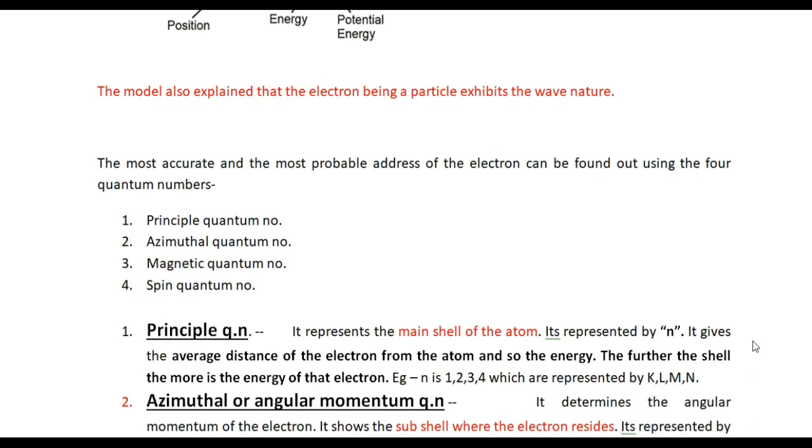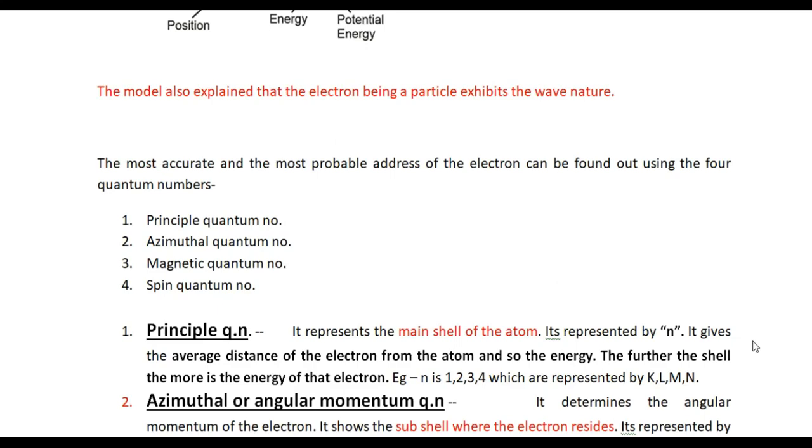The first quantum number is the principal quantum number. The principal quantum number represents the main shell of the atom. It's represented by the symbol n. For example, n is equal to 1, 2, 3, 4. They are the orbits and have names like K, L, M, N. They are actually the symbols.